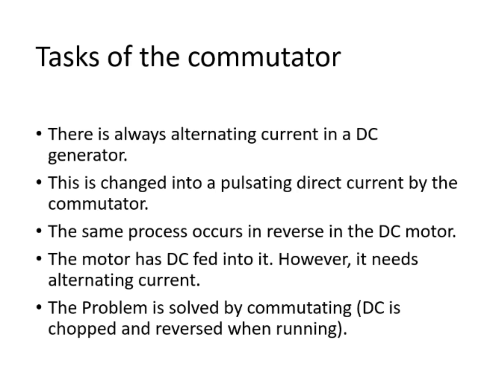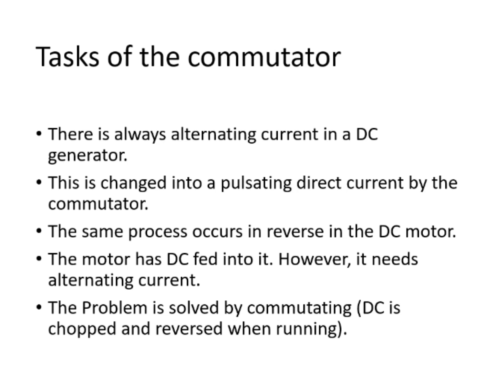There is always alternating current in DC generators. If you use a DC machine as a generator, it will normally generate AC current, but they have to generate DC current. So this AC current is changed into pulsating direct current by the commutator.